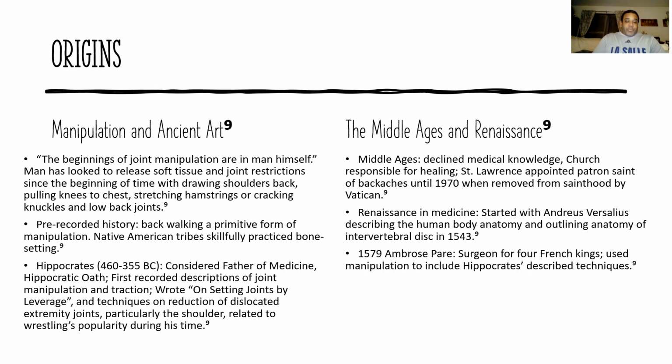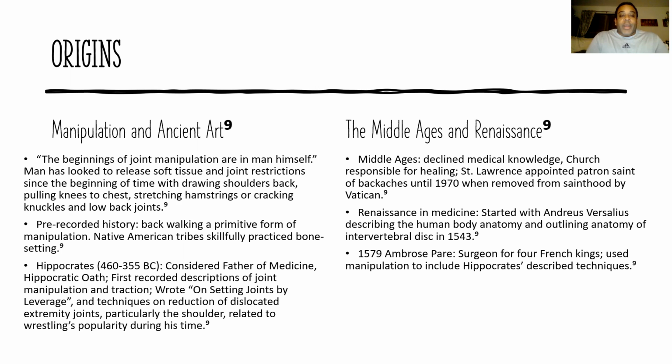Origins. We'll begin with the manipulation in ancient arts. So the beginnings of joint manipulations are in man itself. In the past, humankind has performed self manipulations and releases without really knowing what they were.